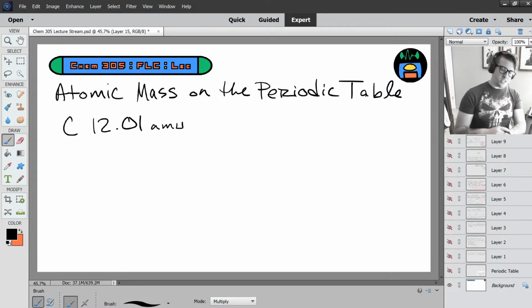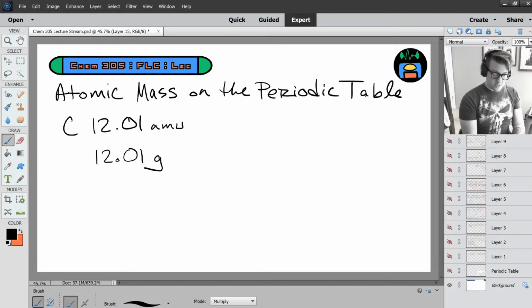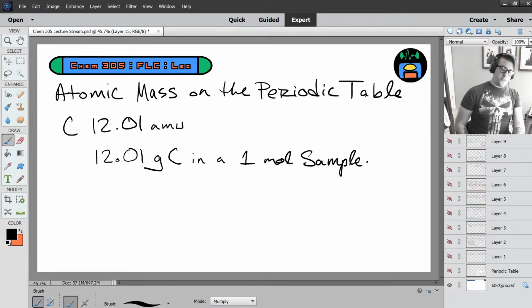But the reason why units are not included is because those atomic masses also tell you the number of grams of that element in a 1 mole sample. So if you have 1 mole of carbon, that sample will have a mass of 12.01 grams.